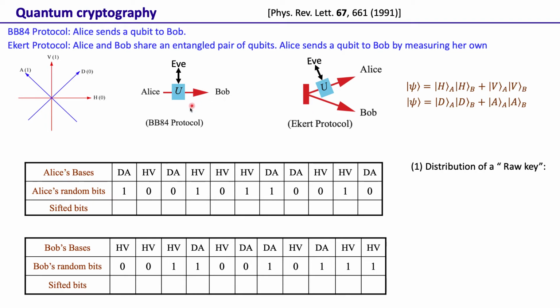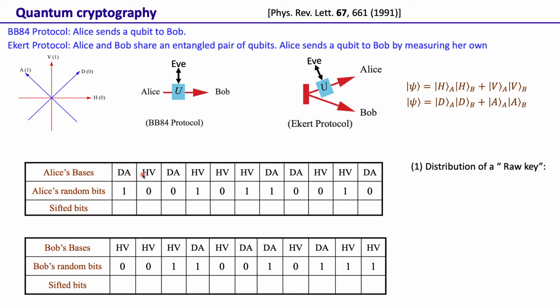Next time Alice decides to send a photon in the horizontal vertical basis, and in the Eckert protocol it would mean that Alice decides to make the measurement in the horizontal vertical basis the second time around. So Alice decides to send the photon in the horizontal vertical basis, and in that basis she decides to send a 0, that means send a horizontally polarized photon, and so on.